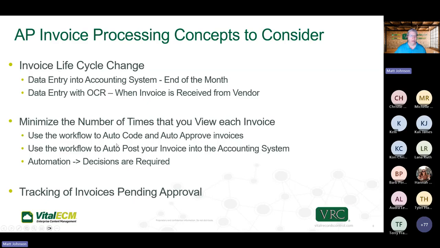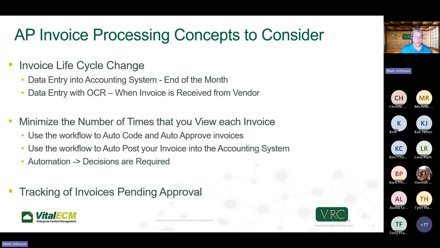And then the other thing that we like to focus on really is the number of times that you have to view each invoice in the organization. For example, if an invoice enters FileBound and we have the ability to apply geocoding automatically, or we have the ability to auto approve the invoice, we definitely want to take advantage and do those types of things, where that benefits you, of course, as a person that approves invoices.